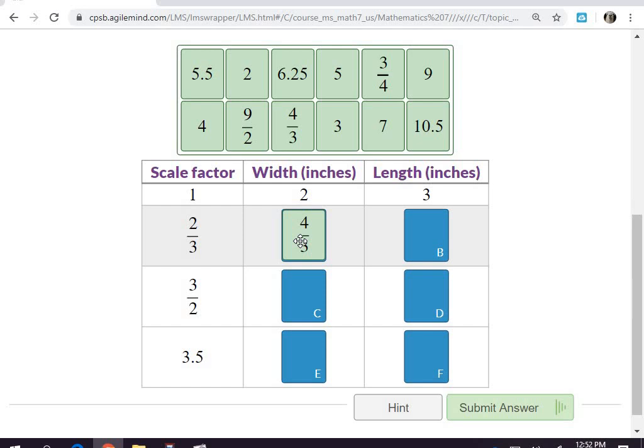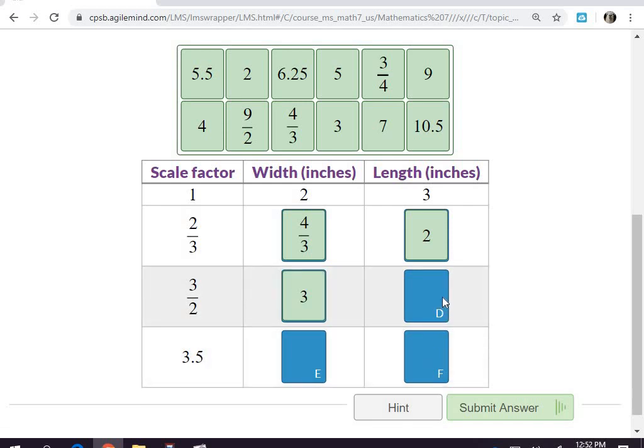Can 6 divide by 3 evenly? Yes. So what? 2. I'm going to drag 2 here. I got 2 times 3. What is that? 6. Can 6 divide by 2 evenly? What do I get there? 3.